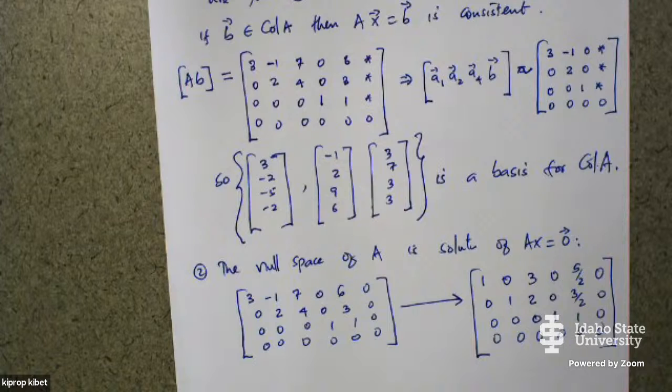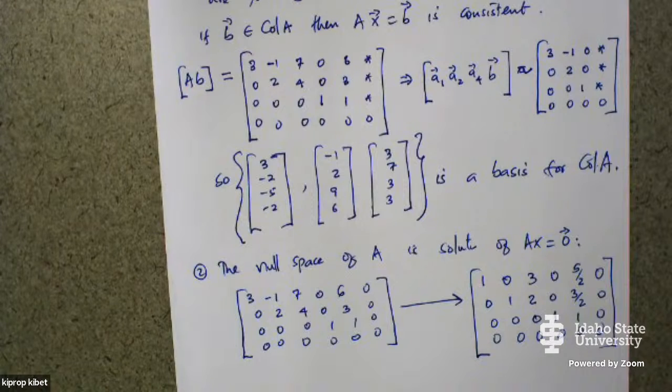Before you make this one 0, you need to make this one 1, so you multiply by 1 over 2. Then you can subtract to get this and this. Then you multiply by 1 over 3, and then you get this.